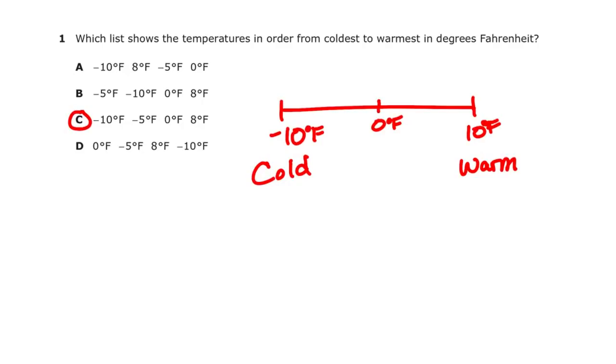When you deal with negatives, always think about how far it is from 0. That's the key. That's how you keep negatives and positives in order. C works because -10, then -5, then 0, then 8. That's correct. And D doesn't work because it does the same thing as A, going positive, negative, positive, negative.